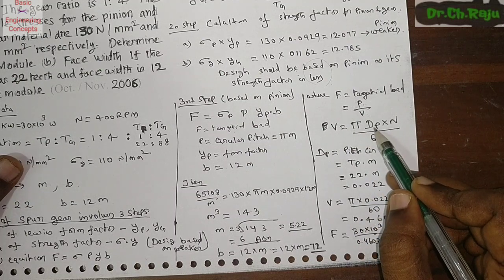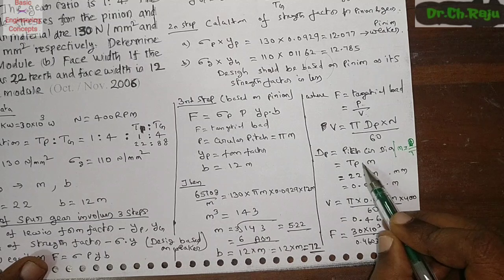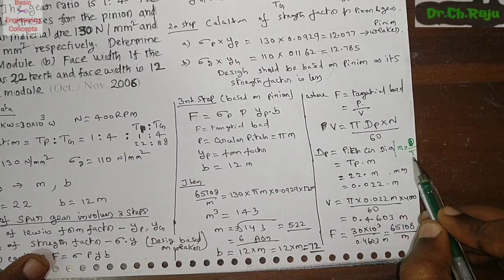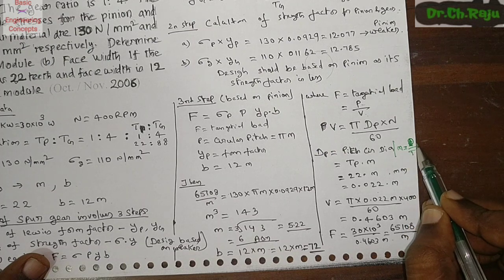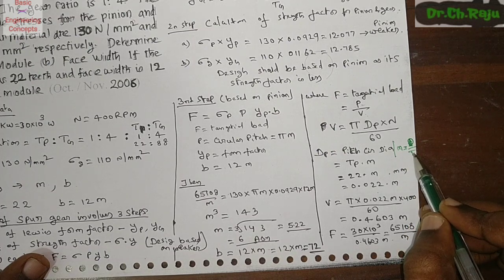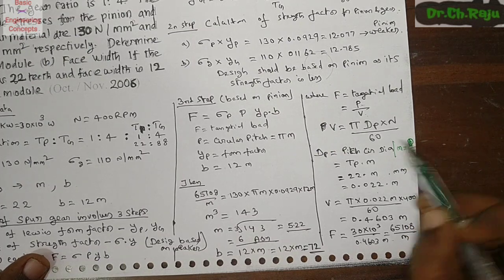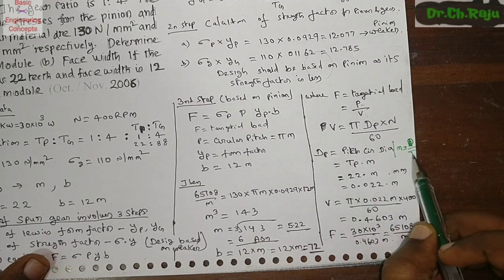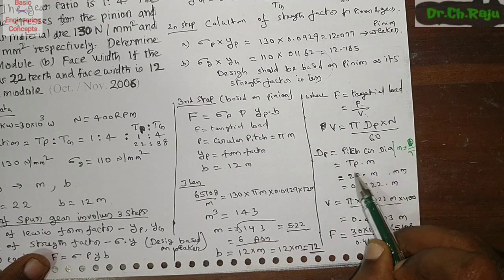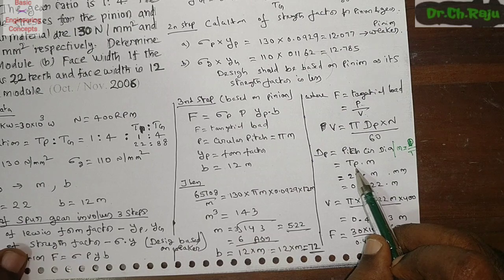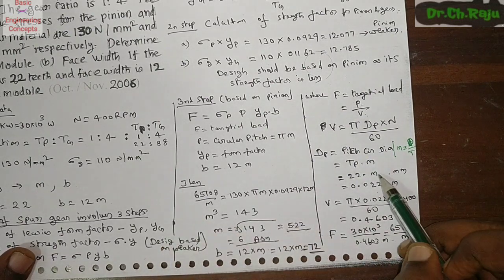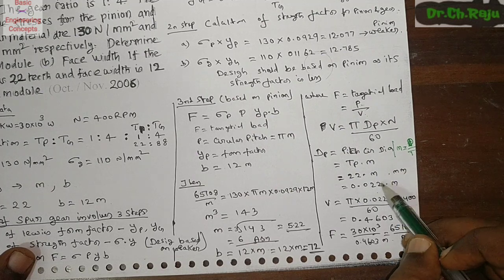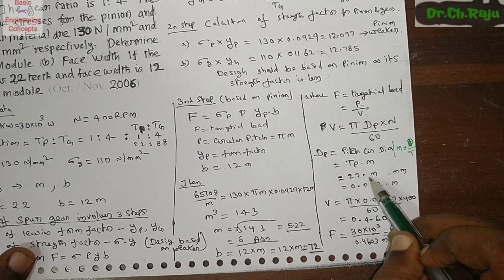Here dp is the pitch circle diameter. From the formula of module, m is equal to d by t, so you can write the pitch circle diameter d is equal to t into m. TP, the teeth on the pinion, is already given as 22, and m we are going to calculate, so that is 22 into m.